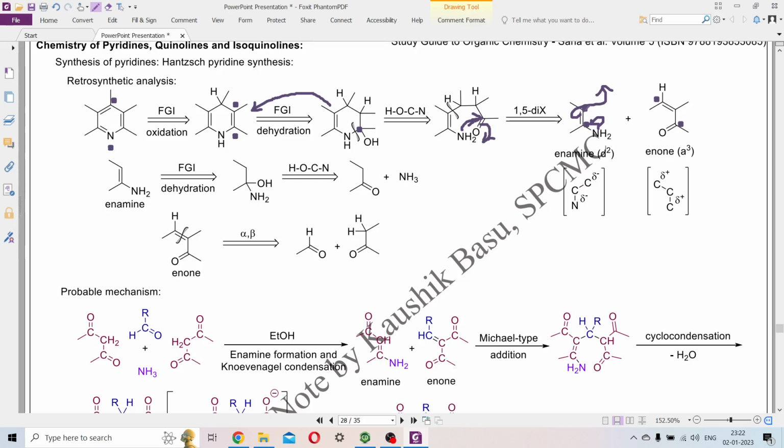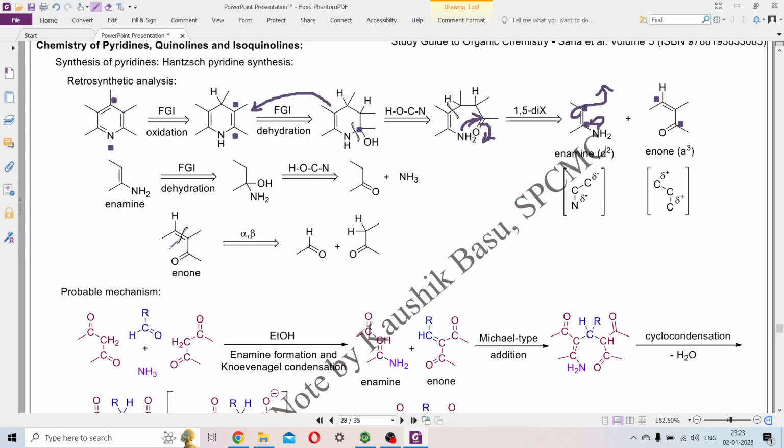Nitrogen is also nucleophilic, and also this vinylic carbon of the enamine. So the enamine can be thought to be coming from the corresponding reaction of the carbonyl compound and ammonia, where we have the tetrahedral intermediate which loses a water molecule from here and we get an enamine here.